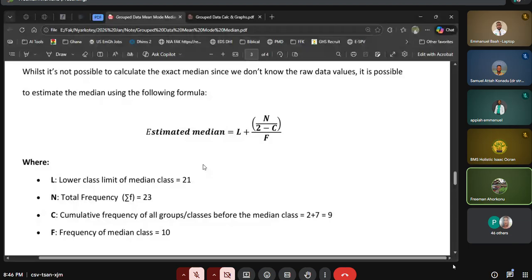N is the total frequency, or summation F. C is the cumulative frequency of all the classes that come before the median class. As usual, F is the frequency of the median class. In some cases, I did it as FM.